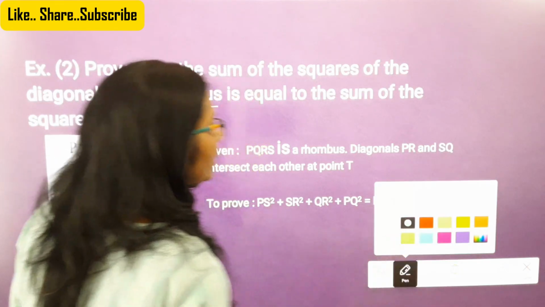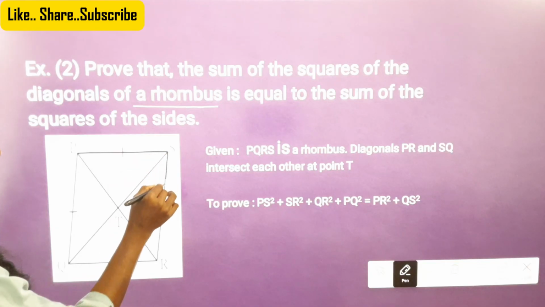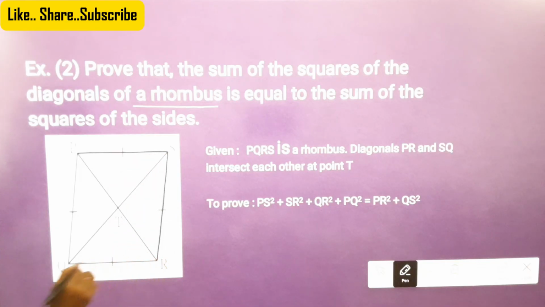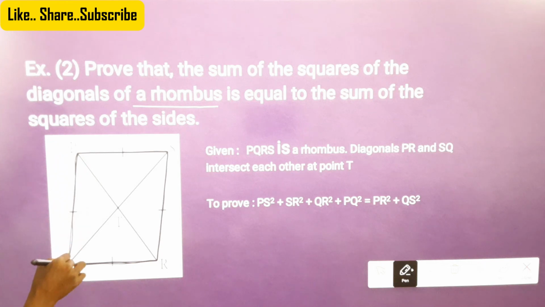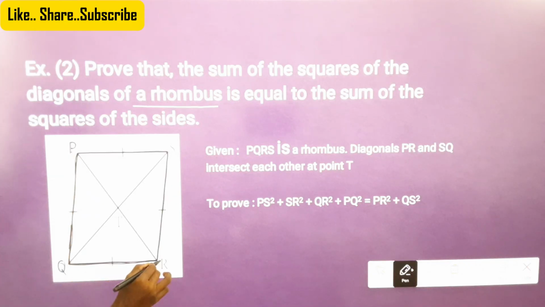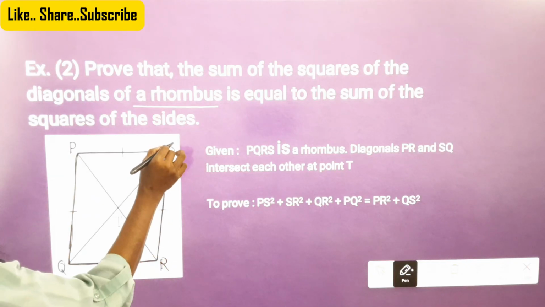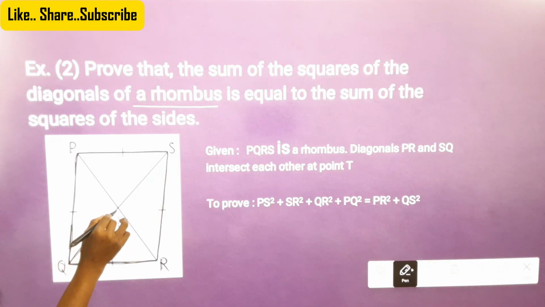So here we draw the figure of the rhombus and name it as PQRS.